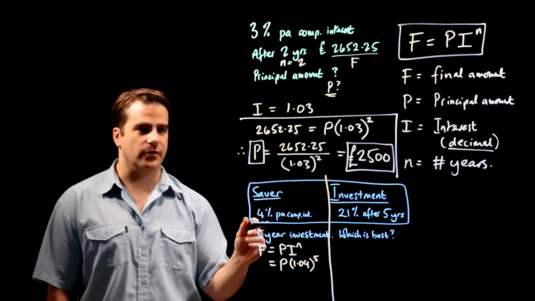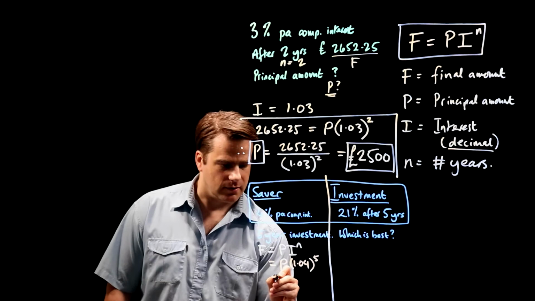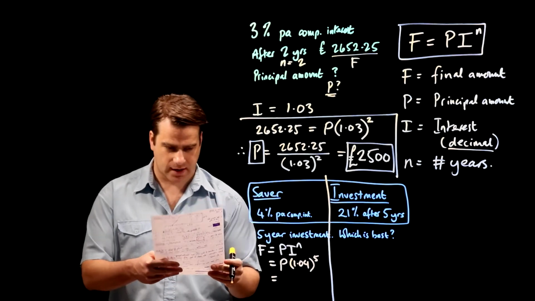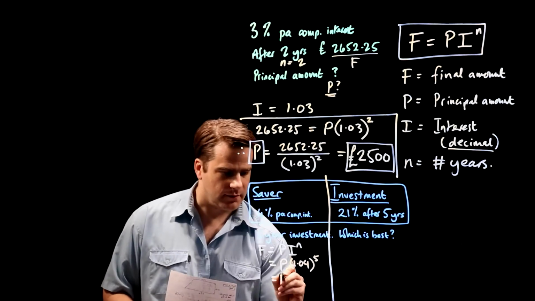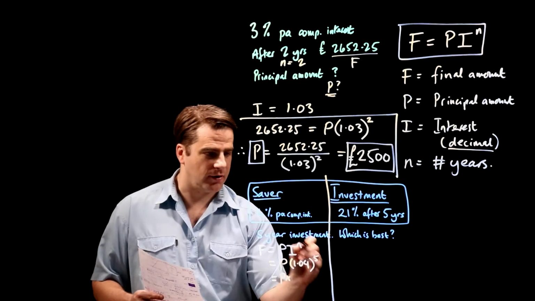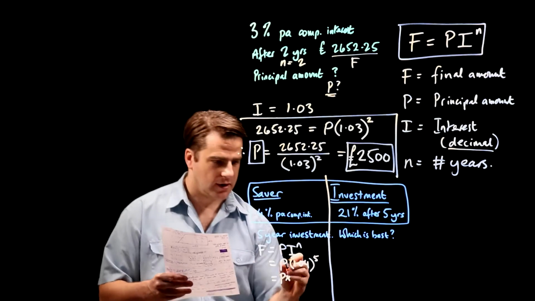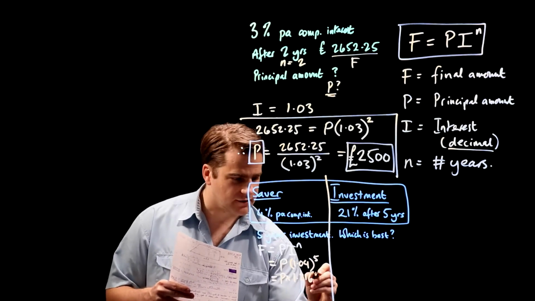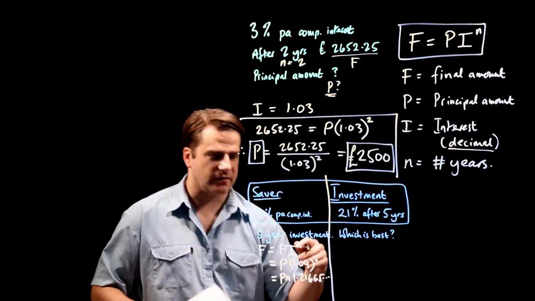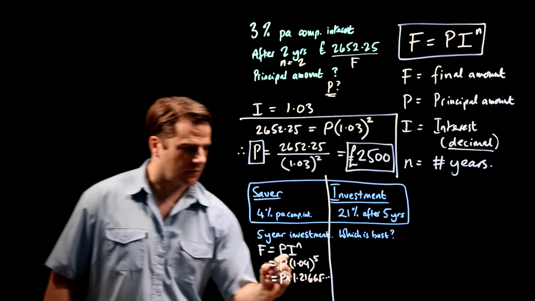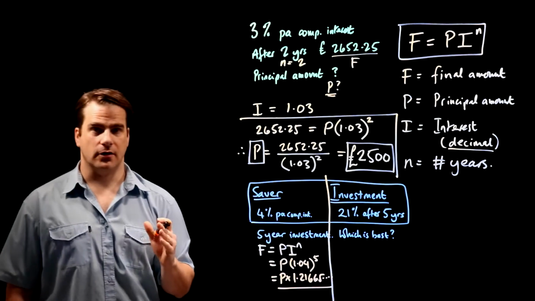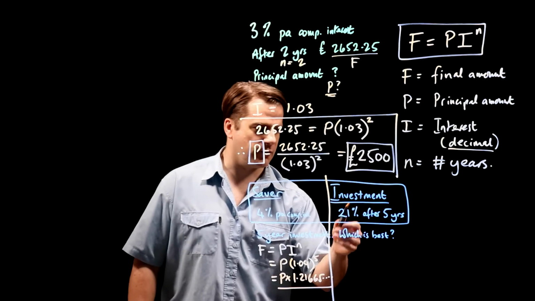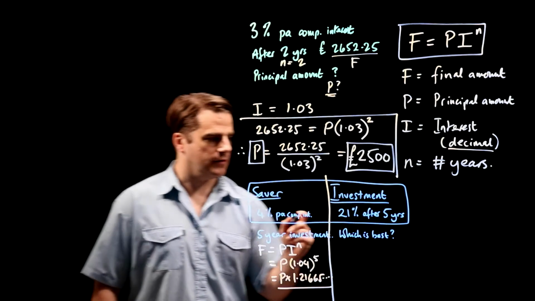So it's 1.04 to the power of 5. Stick that in your calculator and you get, that's the same as P times 1.04 to the power of 5 is 1.21665 something something something, doesn't matter. Okay? Good.